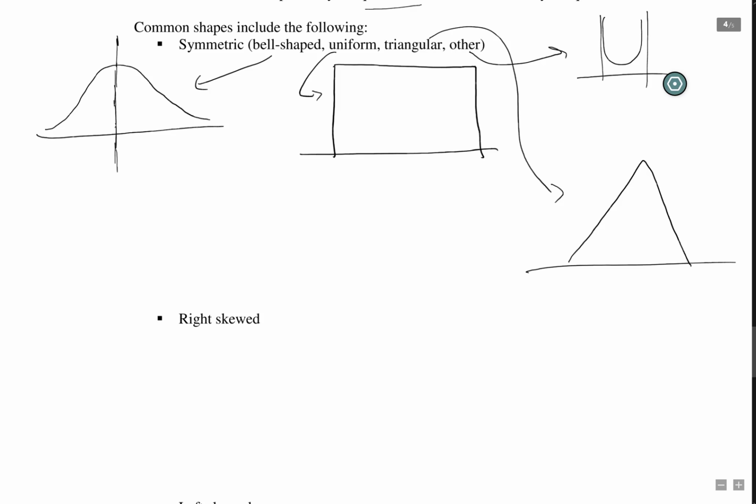And that's because the bar heights would be higher on the extreme values, the extreme lows, and the extreme highs here. That said, the bell-shaped and the uniform-shaped distributions are more common for these sorts of symmetric shapes that we see.